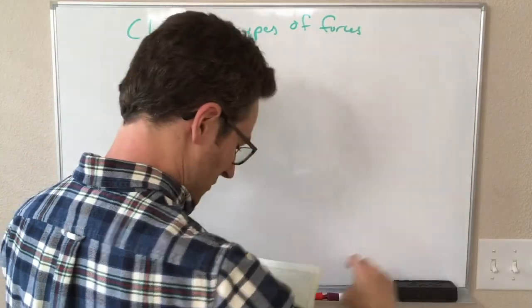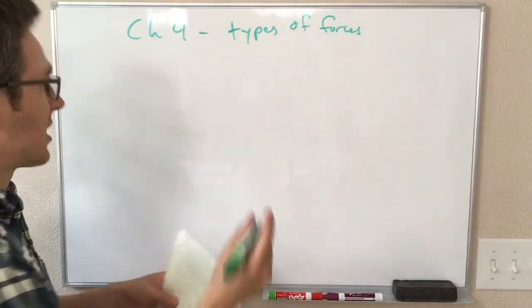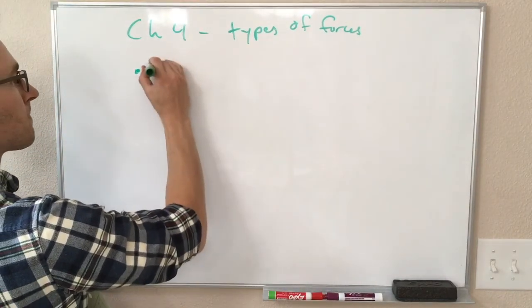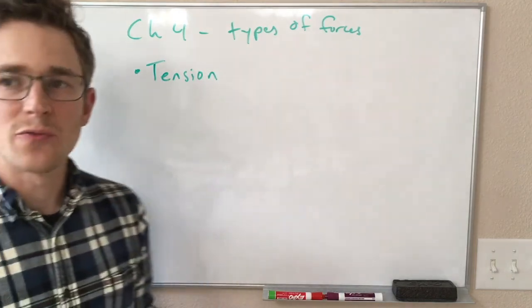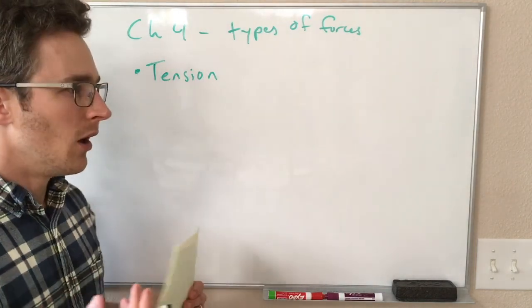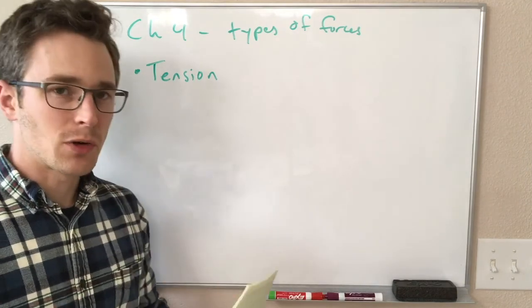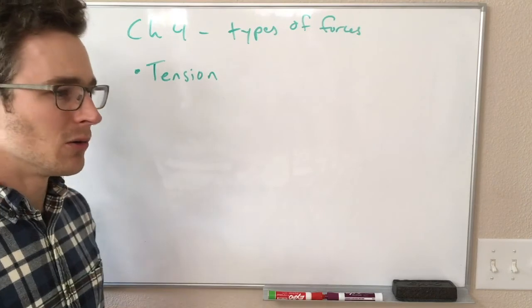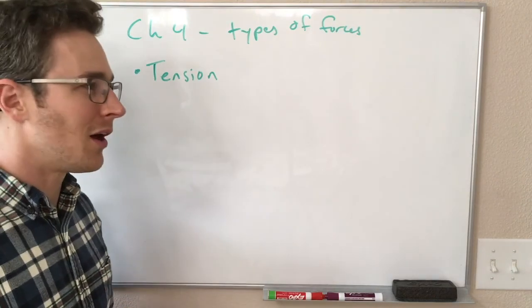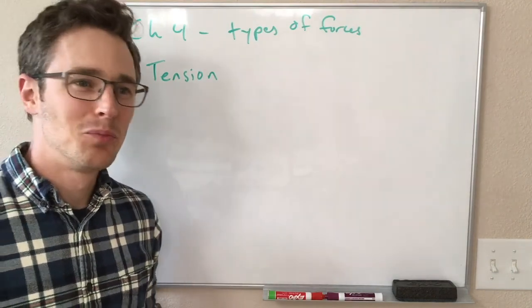On to the next kind of force. So the next kind of force is tension. So tension is the force we have from things like string or ropes or chains or cables, all of these things that can pull on something but cannot push on something, right?